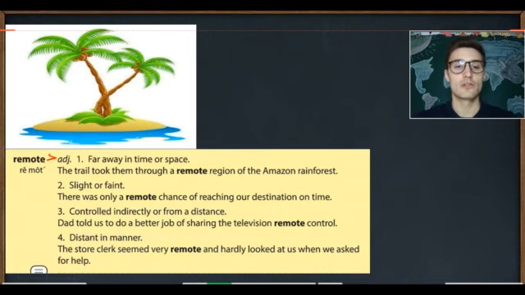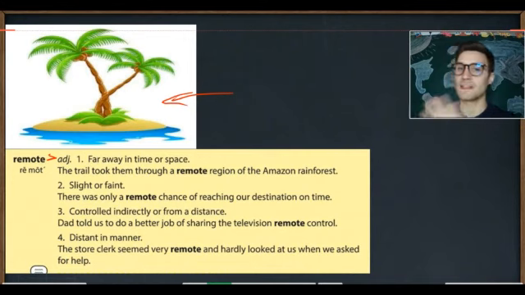The trail took them through a remote region of the Amazon rainforest. A remote region, that's a far away region. This is a remote island. It's an island that's very far away from everything else, a remote island.